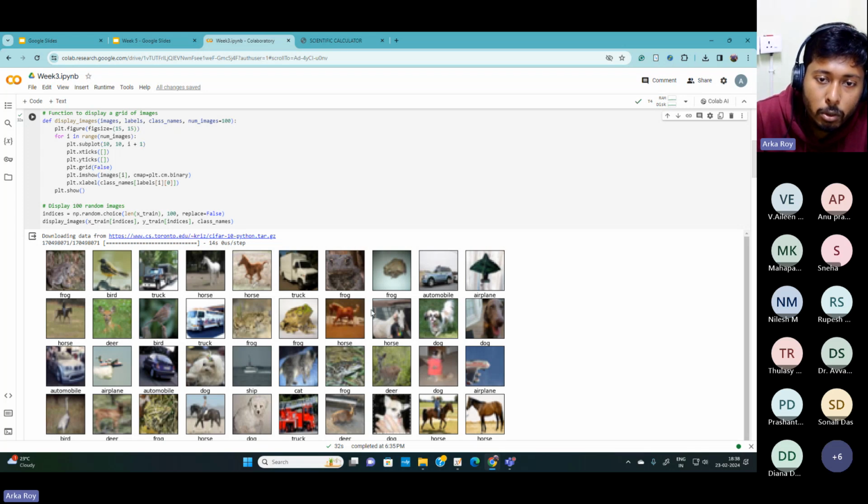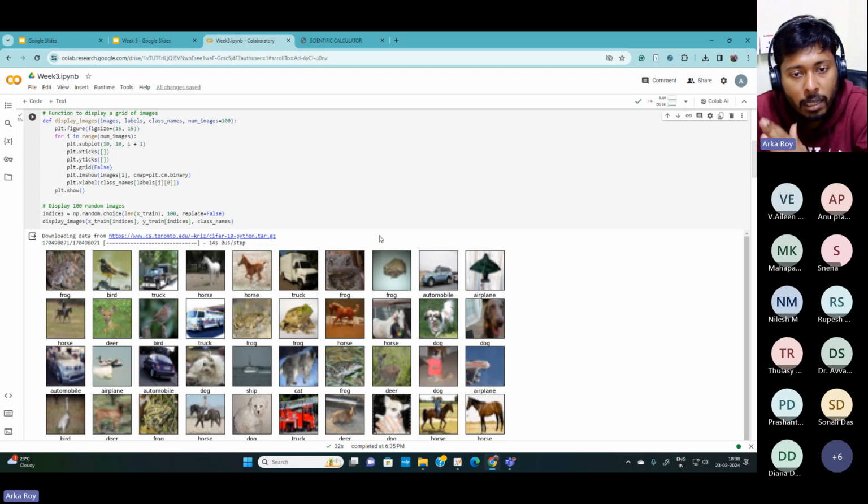For example, over here also a frog. You can see that these two frogs look totally different. Had it been the case that the data are overlapping, you would get a different copy of this particular image, let's say a horizontal flip or vertical flip or some angle of rotation.